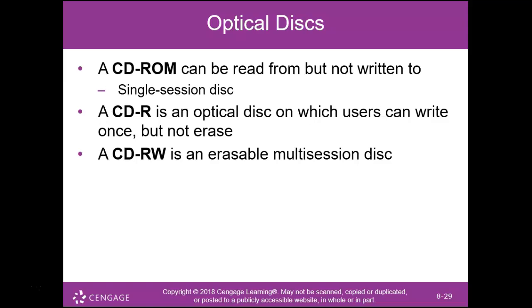This is write once, read multiple times. So that's known as a WORM. Write once, read multiple disk, and that's a WORM disk, a CD-R. And a compact disc rewritable, a CD-RW. This is an erasable disk that can be reused.